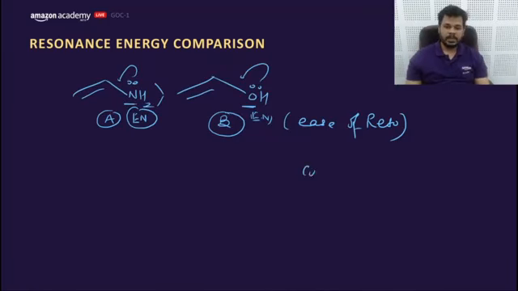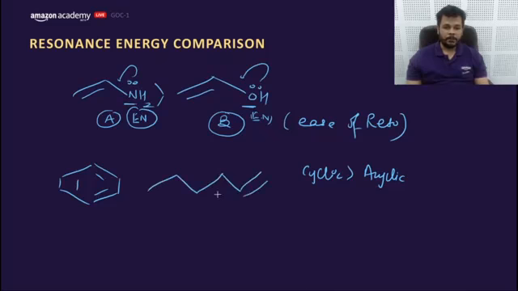The next concept is that cyclic resonance is better than acyclic resonance. Why is cyclic resonance better? Because in cyclic resonance there is no bond flipping. In the acyclic case it can flip. If it can flip, the p orbital will come in plane sometimes and will not be in plane at other moments.